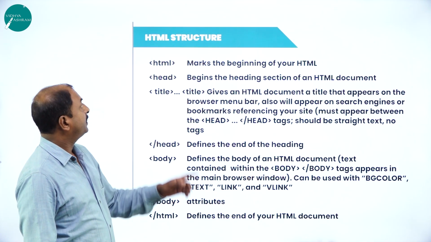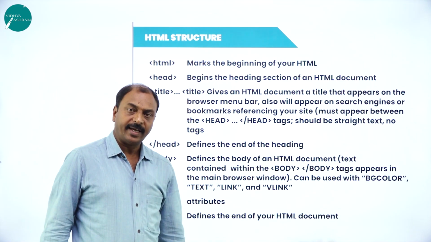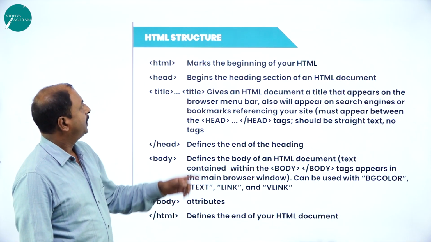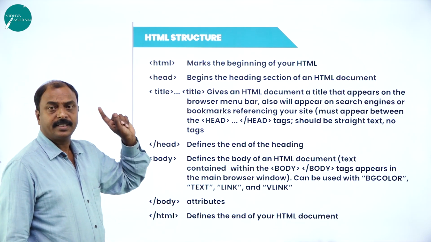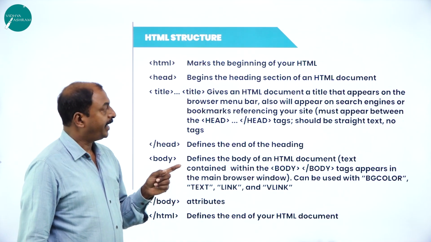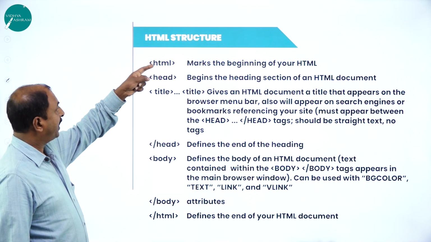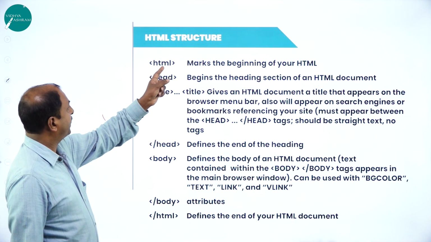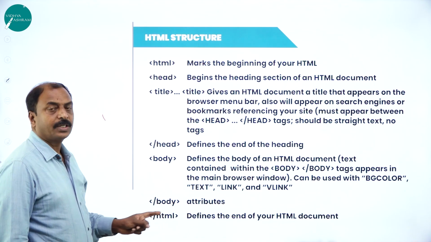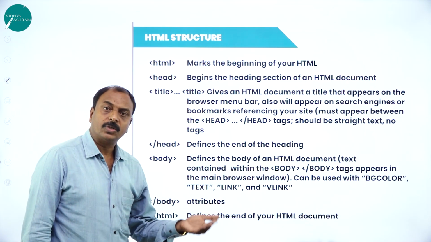Now let us see the structure of the HTML language. Here the HTML language starts with the HTML tag. This is the HTML tag, and the same tag we are closing at the end here. So the HTML tag is the open tag here and this is the close tag. How can we make out a close tag?